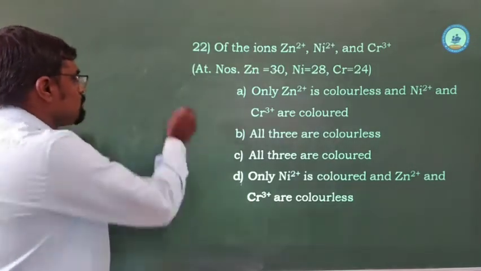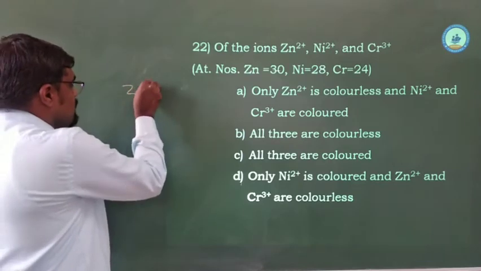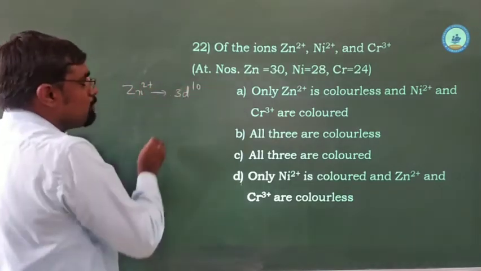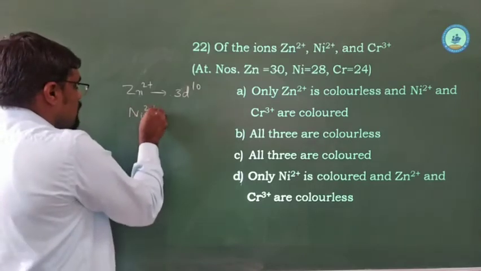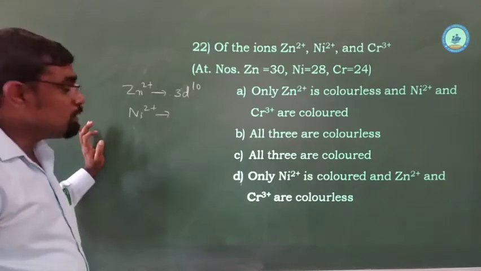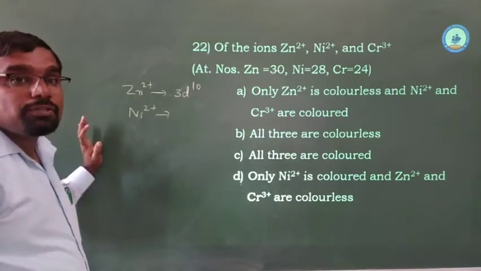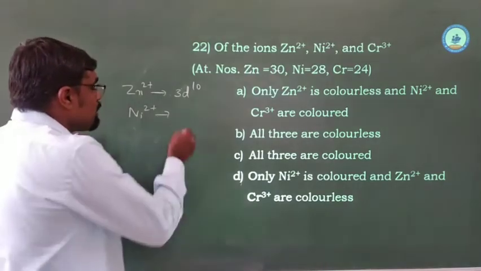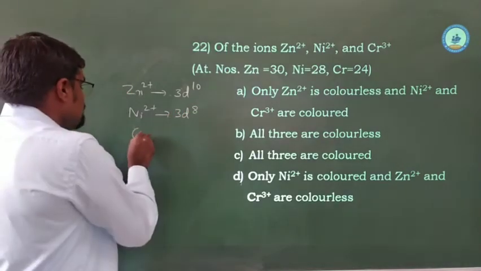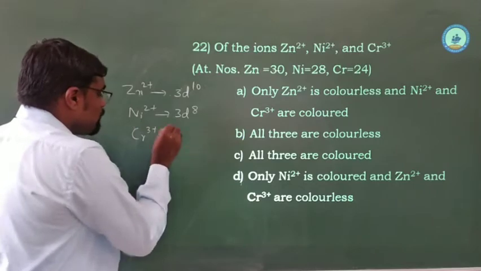Zn2 plus, come again, that is 3d10. Nickel 2 plus, how much? Nickel atomic number is 28, 2 electrons are removed, so then 3d8. And chromium 3 plus, how much?